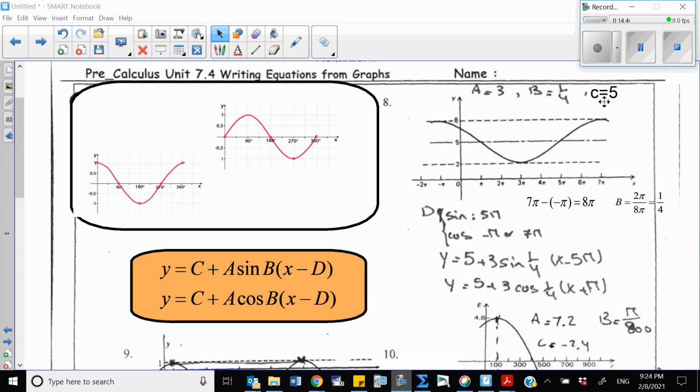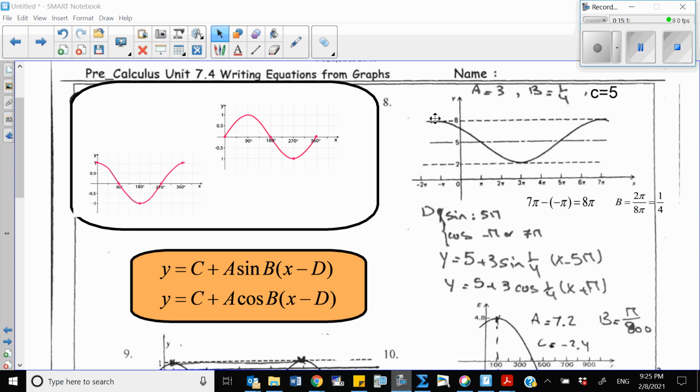So that's the C value is equal to 5. Then I can find the A value, the vertical distance between the highest point, which is 8, and the sinusoidal axis. From 5 to 8, it's 3. That's the A value. Next, I need to find the B value. To find the B value, first you need to find the period of the function. Two consecutive high points here can give you the period of the function.